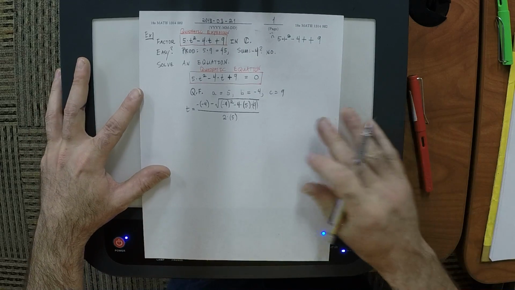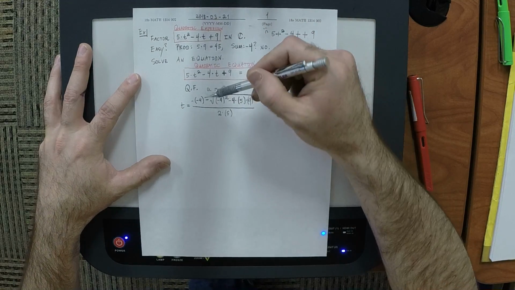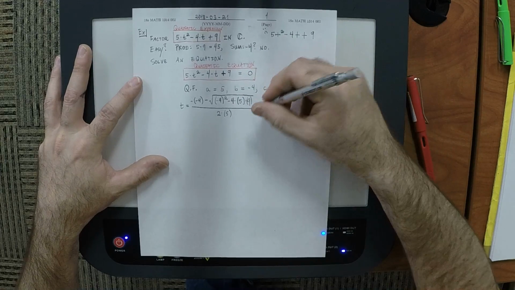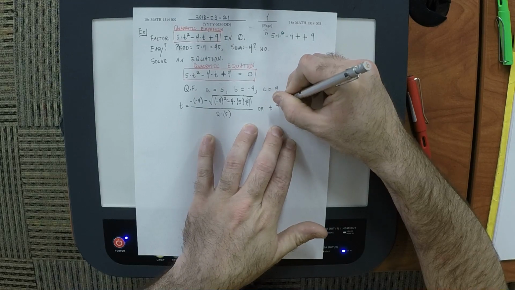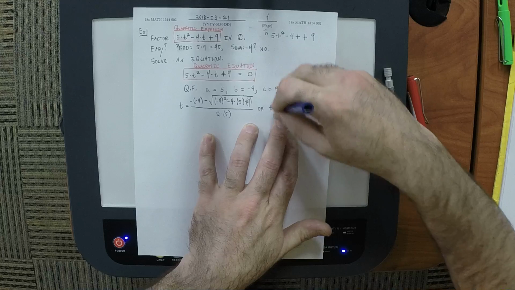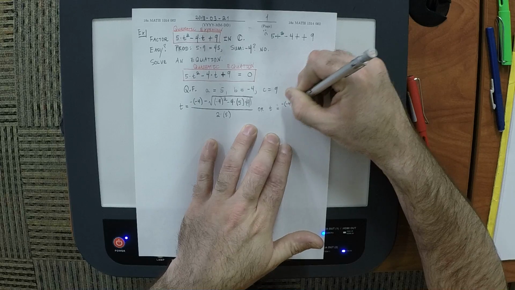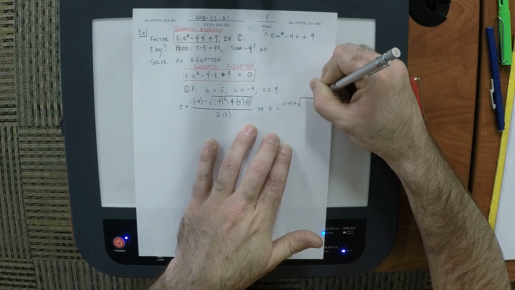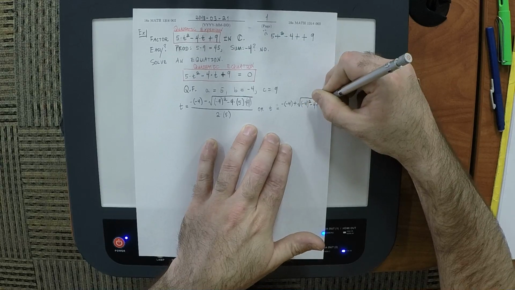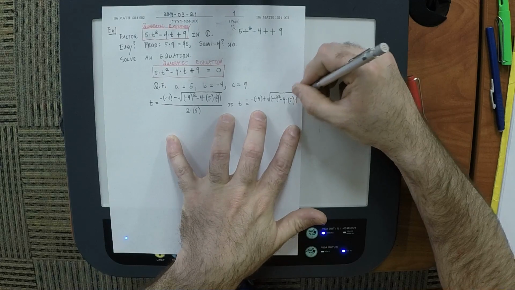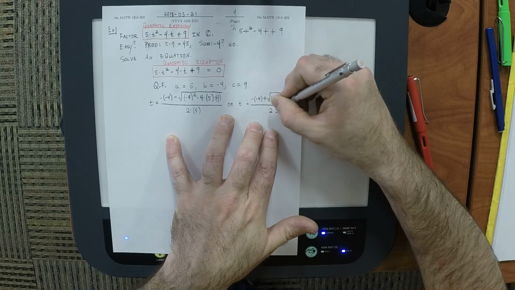What's the other possibility? Same exact thing, except instead of subtracting the square root of the discriminant, you add it. So the other possibility is t is negative -4, add the square root of (-4) squared minus 4 times 5 times 9, all over 2 times 5.